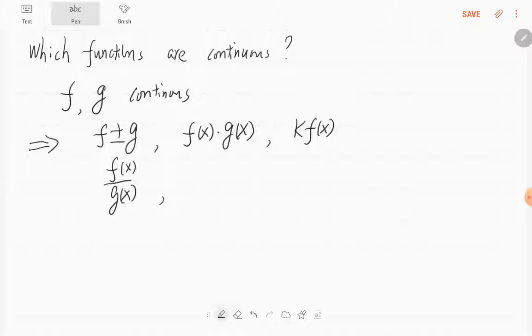Even more, if you make the composite function of these two continuous functions, this composite function would be a continuous function. And more, you have the inverse function. The inverse function, if it exists, would also be a continuous function on the domain.